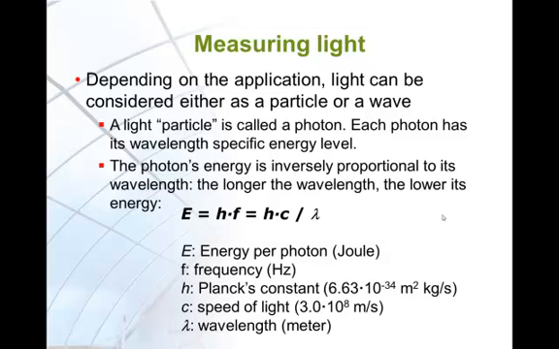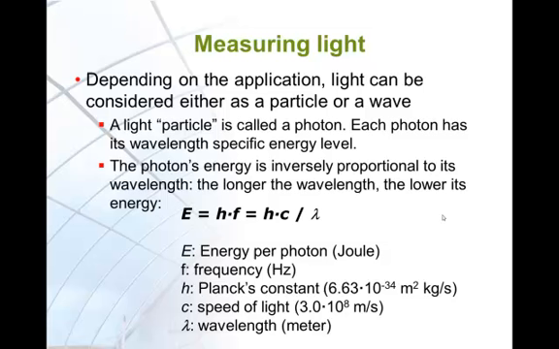So from here we are going to talk a little bit about measuring light quality and measuring light intensity or irradiance. Light is considered either as a particle or a wave. This light particle is called a photon, and each photon has its wavelength-specific energy level.